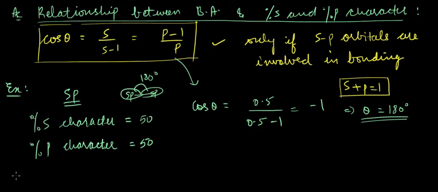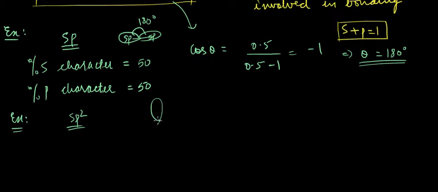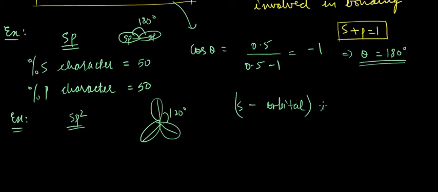Okay, and if we take another example wherein we take sp2 hybridized orbitals, in sp2 hybridized orbitals we have an angle of 120 degrees. So let's prove the same. The fraction of s orbital in sp2 hybridized orbital would be 1 by 3.